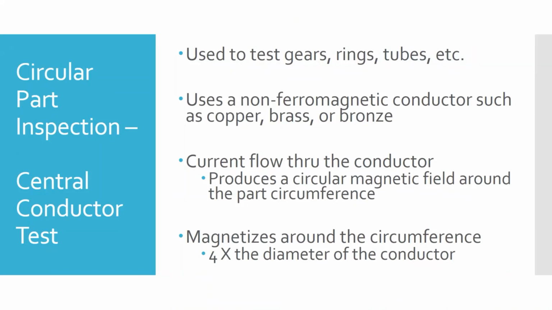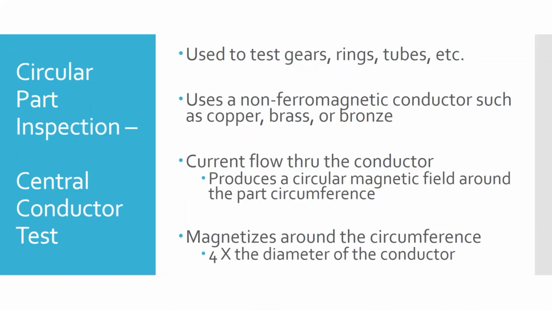But the part, if that magnetic field has intersected a part that's hanging on the rod, that will become magnetic, and depending on its retentivity, that should retain a certain amount of that magnetic field that was developed. And so what happens is it magnetizes around the circumference of the part, and it goes a distance of 4 times the diameter of the part.